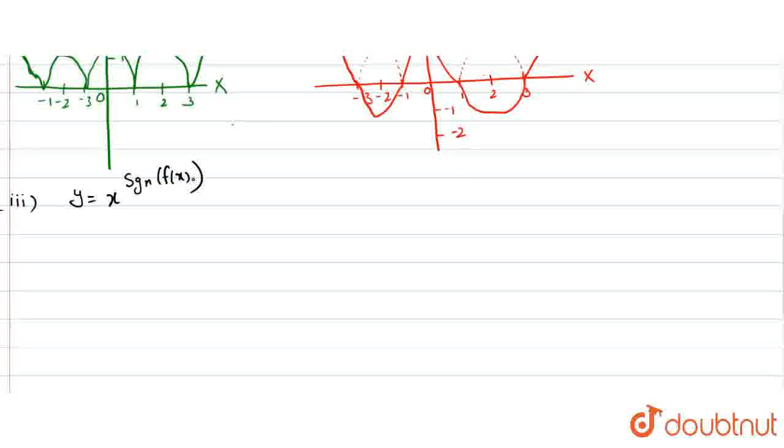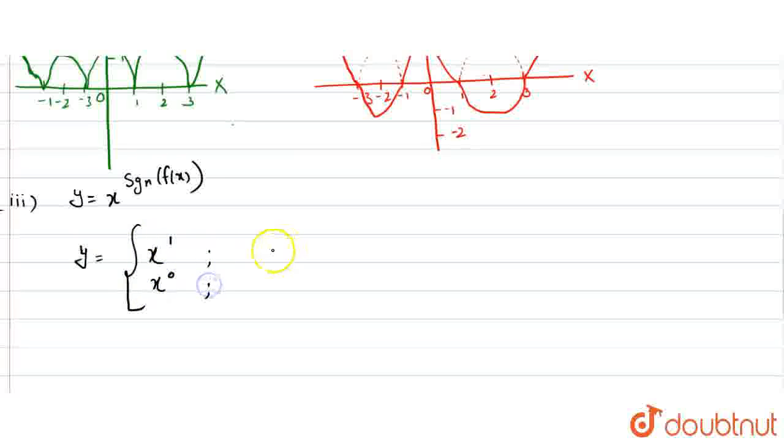In the third part, we already defined what the signum of f of x is. What is it? It is 1 at all values except minus 2, 1 and 3. Rest everywhere, and at minus 2, 1, 3, it is 0. So y is equal to x raised to the power 1 or 0.